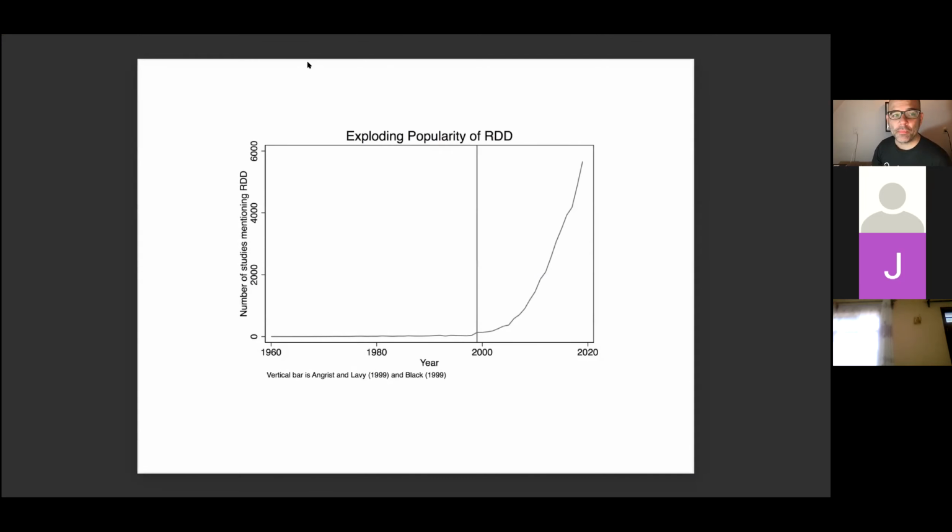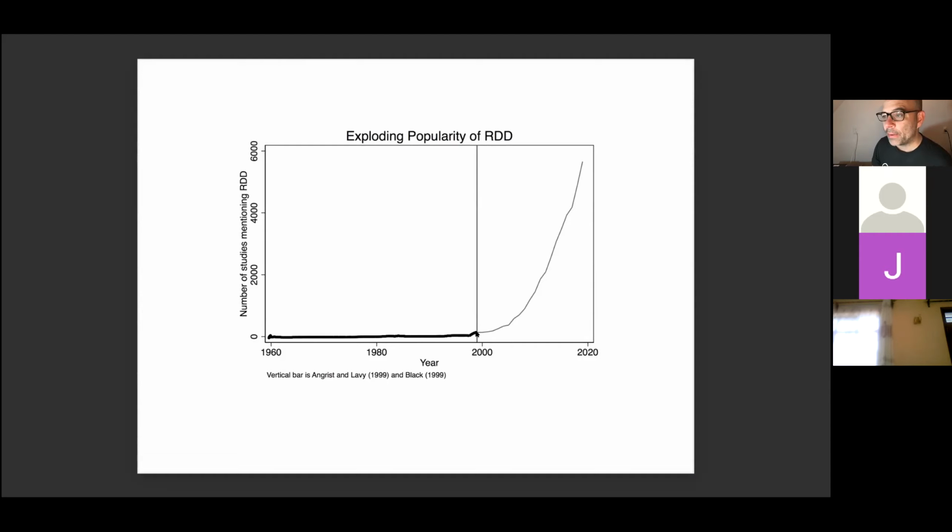Here you can see the popularity. This is Campbell right here, and there is not much activity at all from the 60s to the 80s. There's a tiny bit of activity using the method, but it's very, very small. Then when Victor Lavy and Josh Angrist come out, a little bit of a jump.